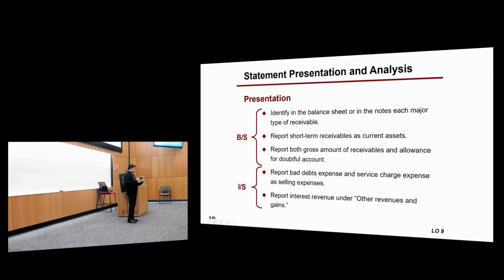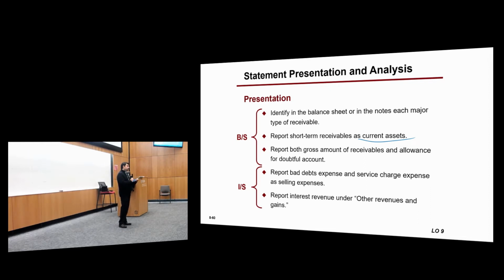Short-term notes receivable, those that will mature within 1 year, are listed under current assets. Notes receivable are listed before accounts receivable because they have a stronger form, basically because they have this promissory note.